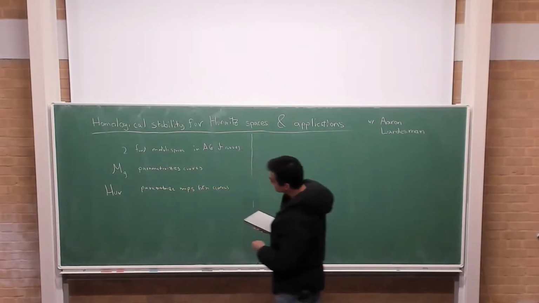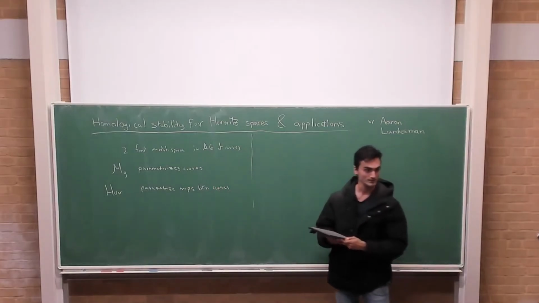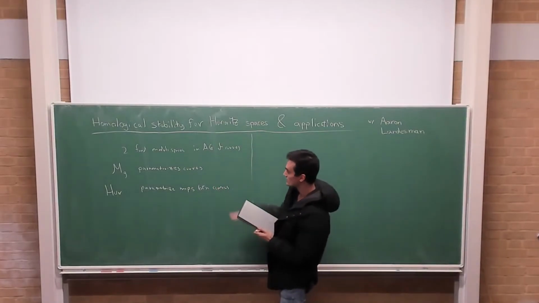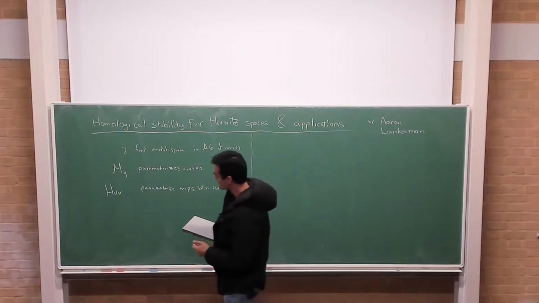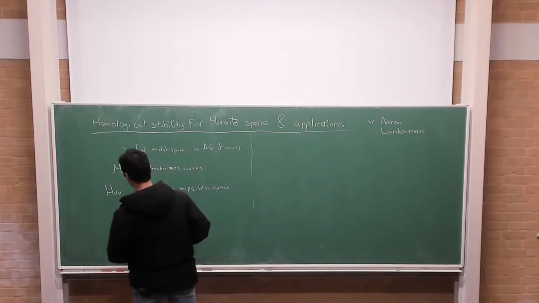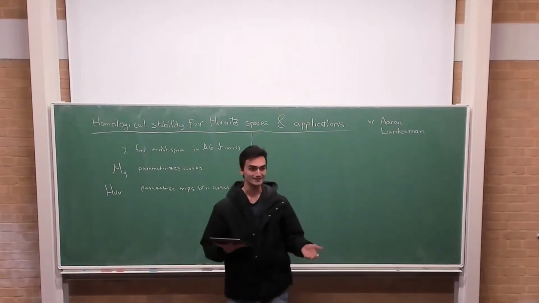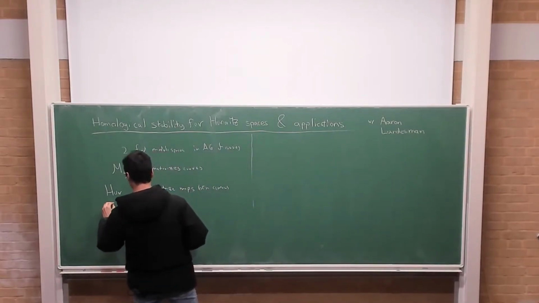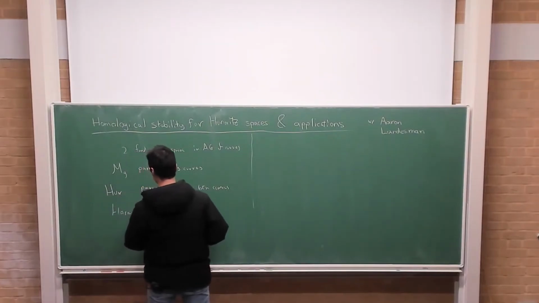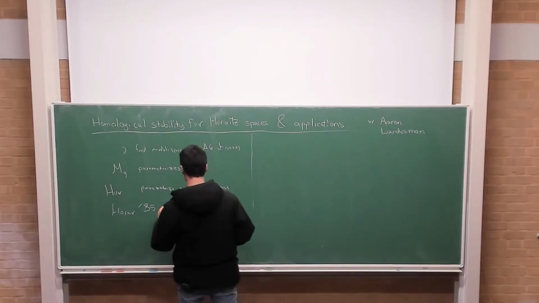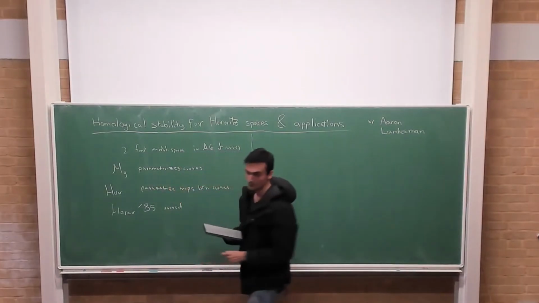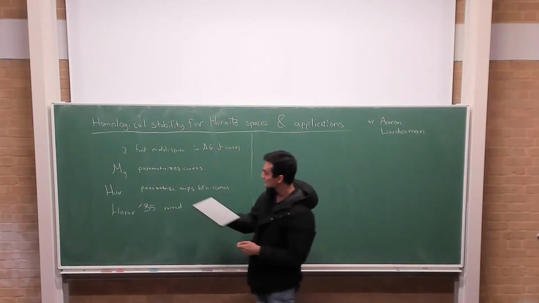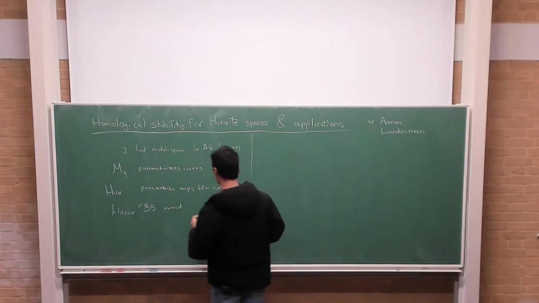A lot of important information about these moduli spaces is contained inside their cohomology. So we're interested in what we can say about the cohomology of these spaces. For example, Harer, around 1985, proved homological stability for the cohomology of M_g, the moduli of curves.